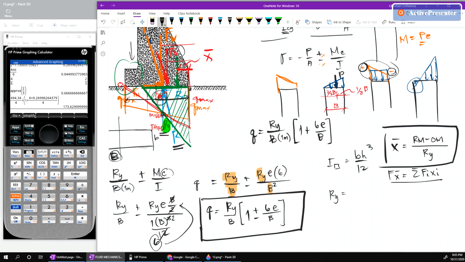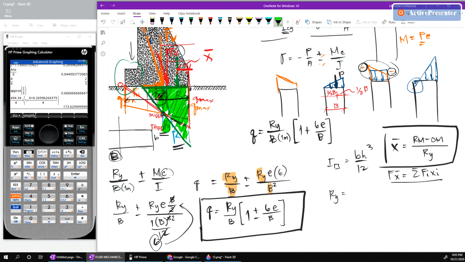So, kapag nakuha natin yung x bar and na-determine nga natin na lumampas siya sa middle third. Okay? So, ito na nga yung itong naka-highlight na to. Ito na nga yung magiging shape ng ating pressure diagram.